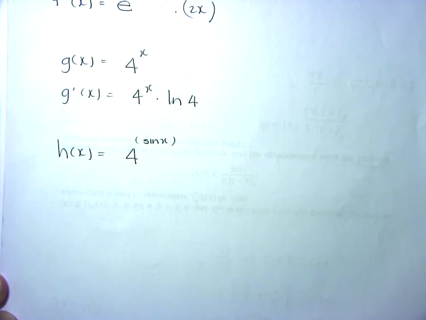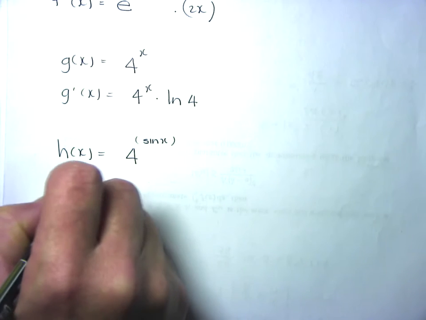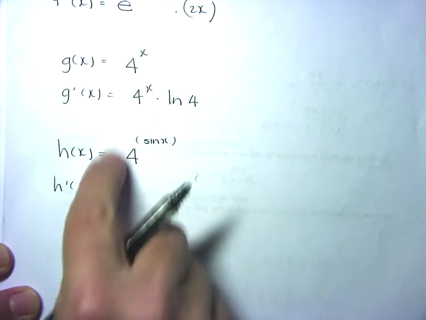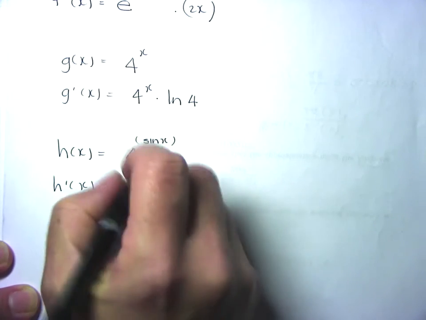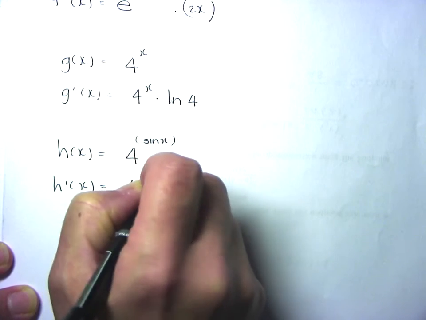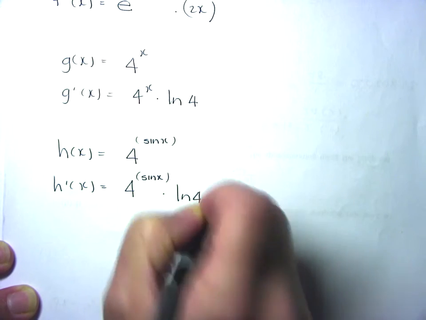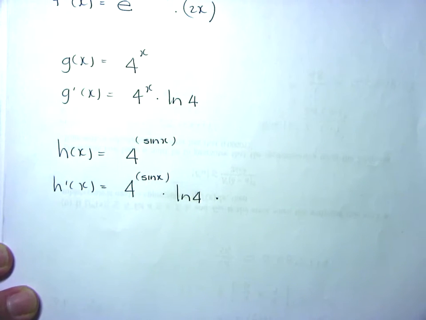So when we take the derivative here, h prime of x, again, just take derivative of the outside. What is the derivative of 4 to the power x? 4 to the x times natural log of 4. All right, but now just instead of x, we have a function plugged in there. So the derivative of the outside would be 4 to the power, just leave the inside alone, 4 to the power sine of x times natural log of 4, times, now we get to take derivative of the inside.